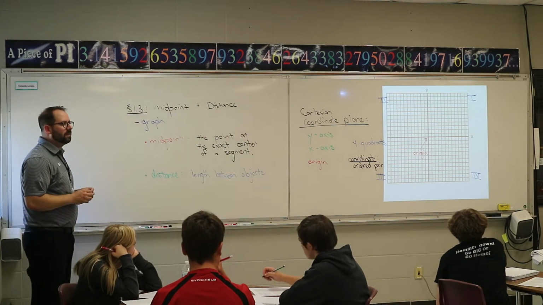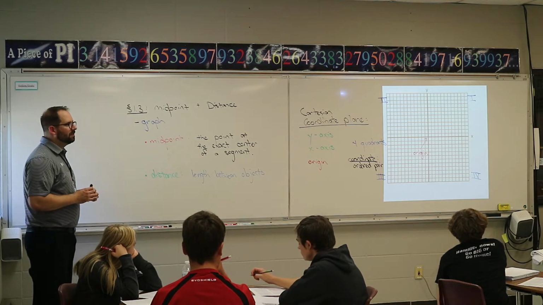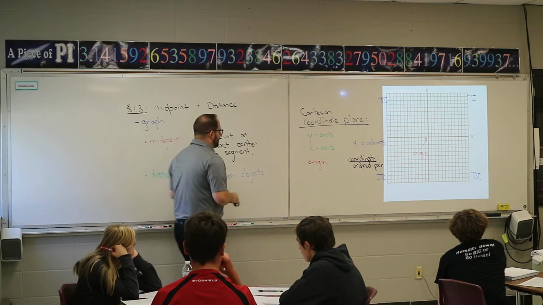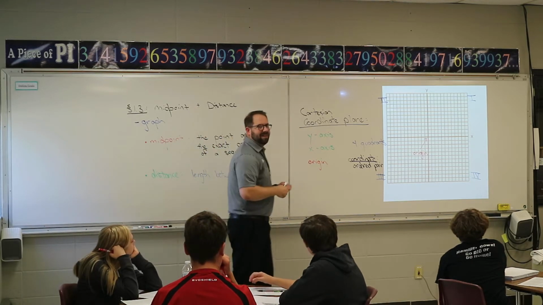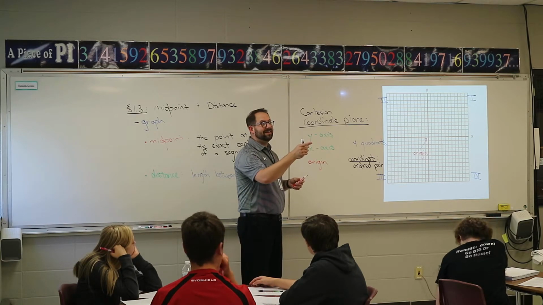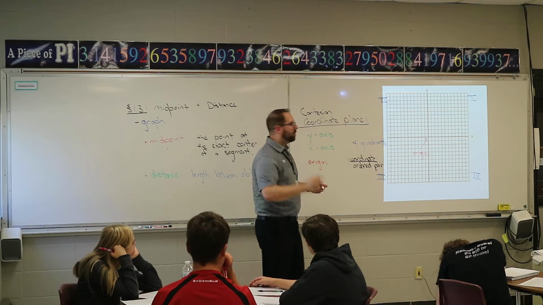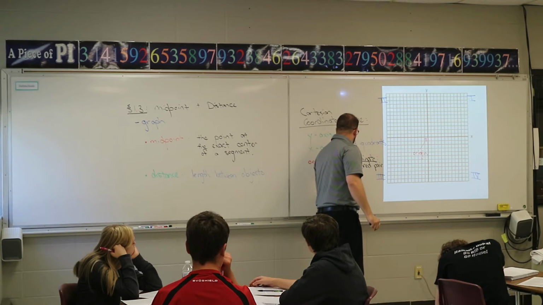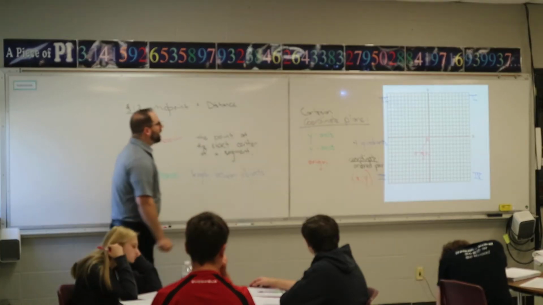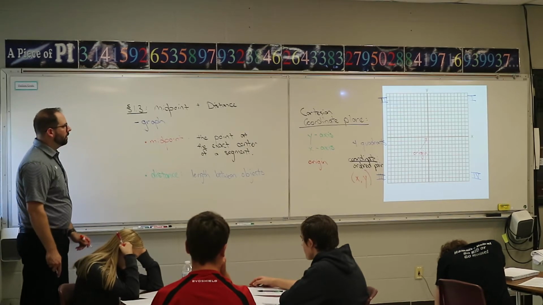What's a pair? 2 numbers. Pairs 2. What does ordered mean? They're in order. Certain type of order, alphabetical. They're literally in alphabetical order. X first, Y second, every single time.